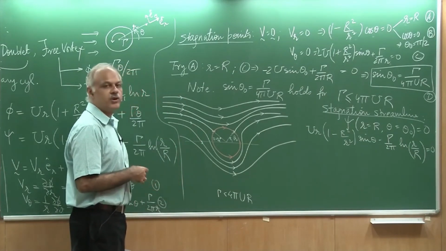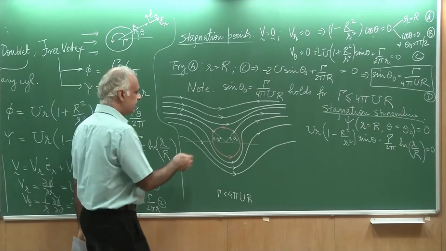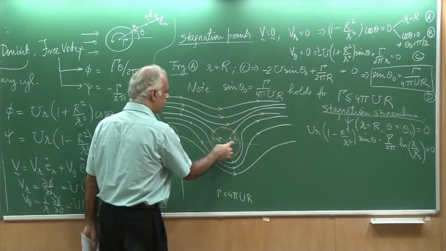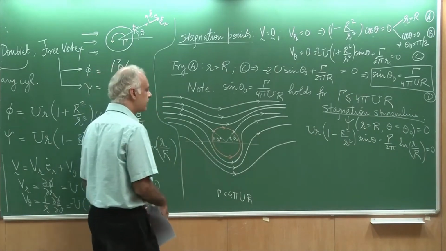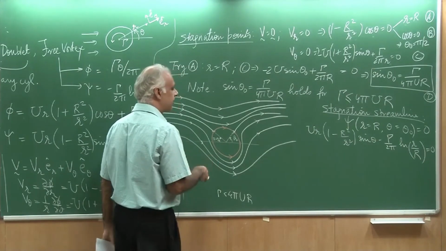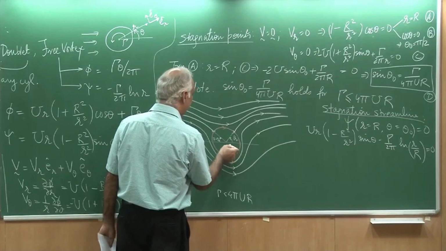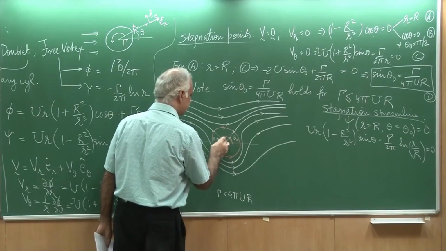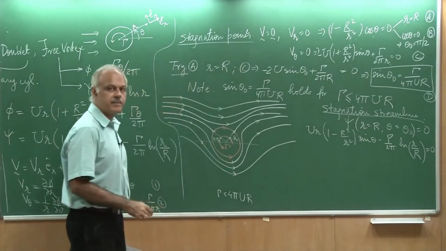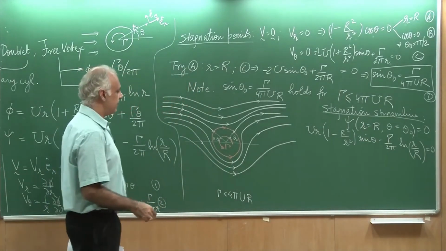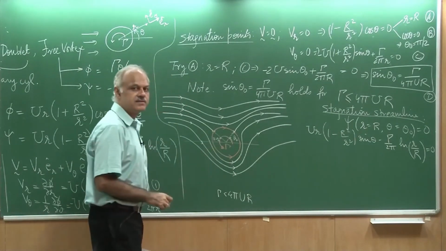Let's see how the flow has been modified compared to a stationary cylinder. For a stationary cylinder, these stagnation points were lying on the x-axis. Once I start imposing a gamma, which I am trying to model a spinning cylinder, and mind you, my gamma is actually this, this is my positive gamma, this gamma moves the stagnation points upward.